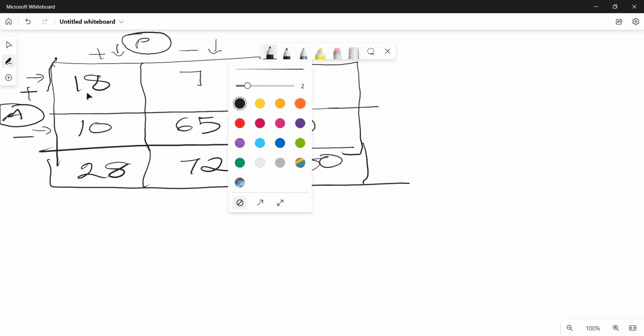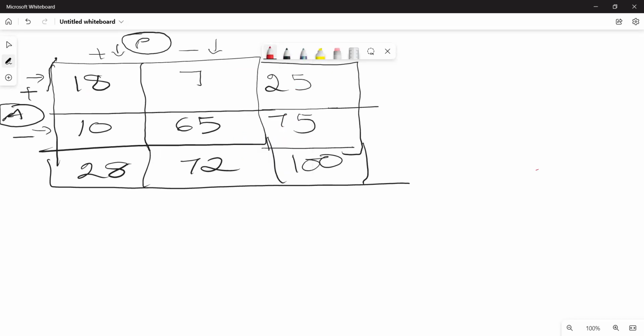Now, which numbers represent the correct predictions? 18 and 65. Okay, so these are the correct predictions.